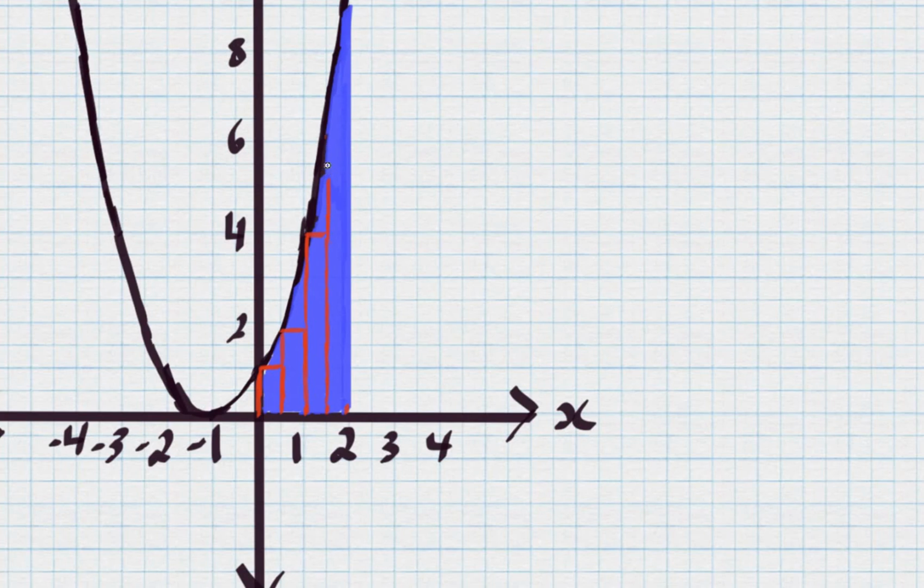Goes up, touches the curve, and there we have it, our final rectangle. So quite a bit short of the true area, but that's okay, that's what we expect, that the inner rectangles will underestimate the true area.